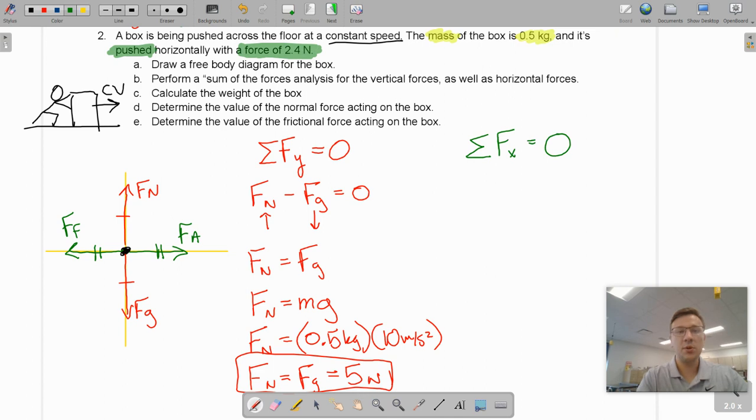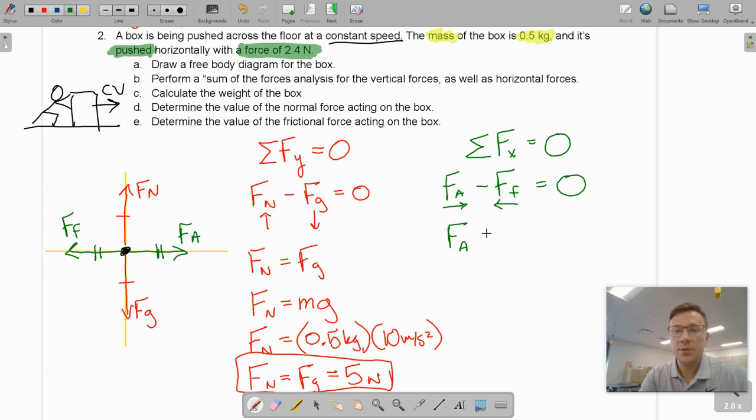These forces are also balanced, so we will set it equal to 0. I know they're balanced because the box is moving at a constant velocity. So the applied force, which is pointed to the right, minus the frictional force, which is pointed to the left, is equal to 0. Now I rearrange this.